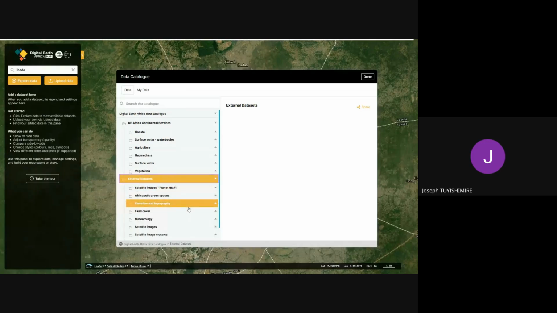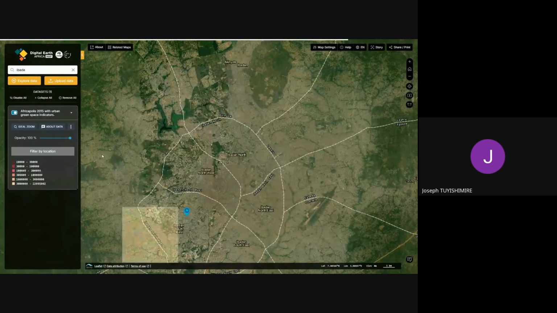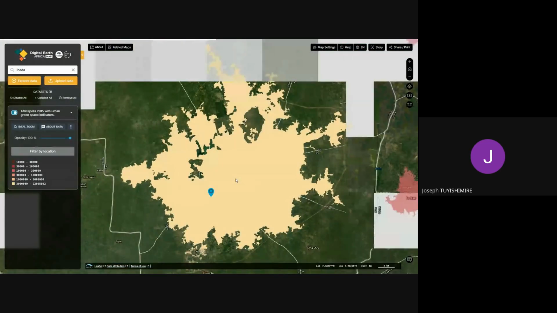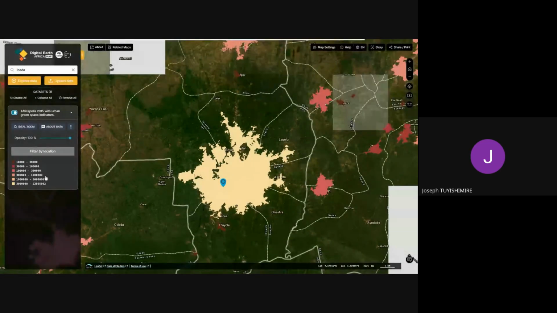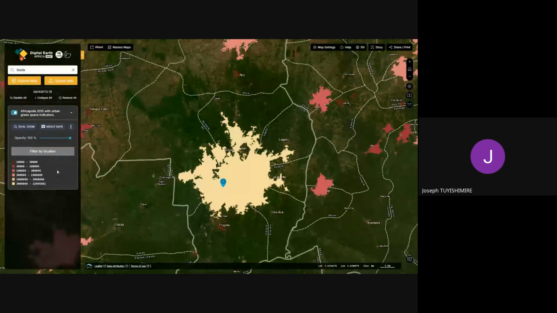If we start with data, we have this Africapolis green space. It also helps us monitor urban greenness, and it gives a lot of information about urban expansion for several cities across the continent.